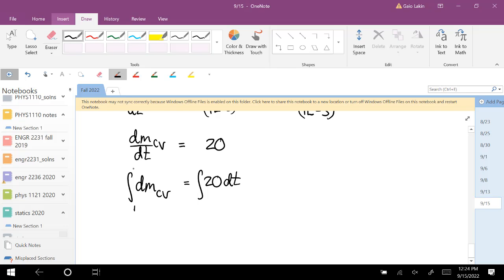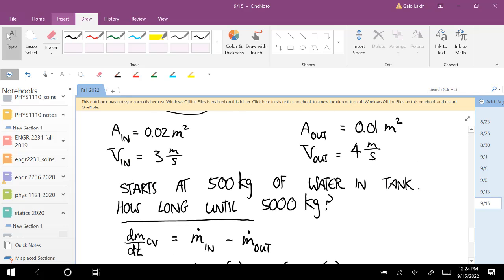This is from state 1 to state 2. So integrating the dm gives you the change in mass in the control volume. And we know that we want that to be 5,000 minus 500.